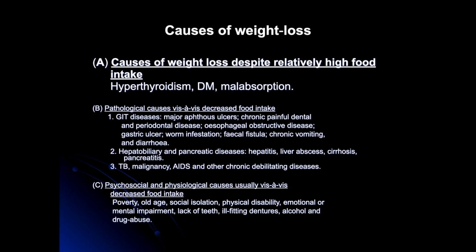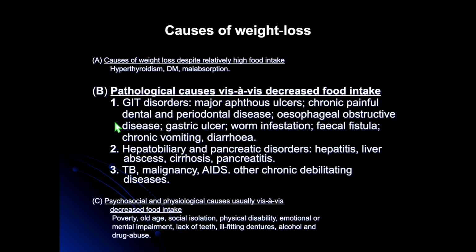These are the causes of weight loss despite relatively high food intake: hyperthyroidism, diabetes mellitus, and malabsorption. Pathological causes, usually due to poor food intake, may be grouped into three sets: GI tract disorders, hepatobiliary and pancreatic disorders, and some general systemic diseases.